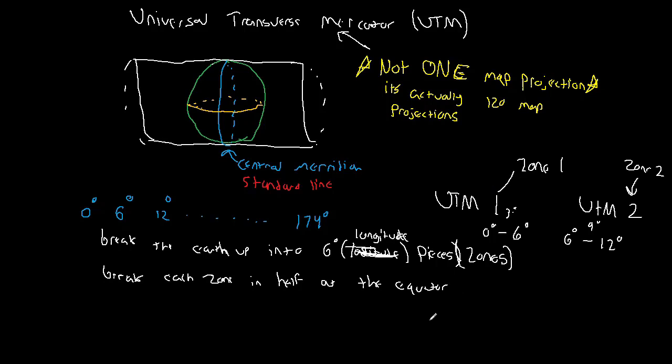So now you have UTM 1S, meaning south zone 1, and UTM 1N, meaning north zone 1.